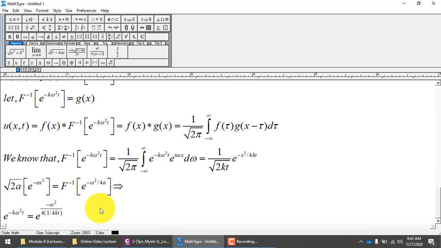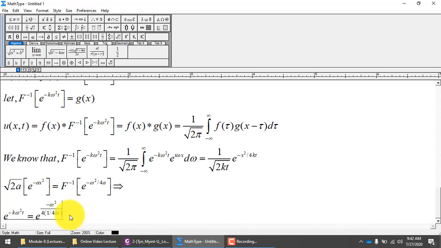So the ultimate answer will be kt omega square. But writing in that form gives you the instinct to use the formula. The formula says that the Fourier inverse of this type of function of omega square is not easy to calculate. Instead, you have to make it omega square over 4a. So what is your 4a? A is 1 over 4kt.